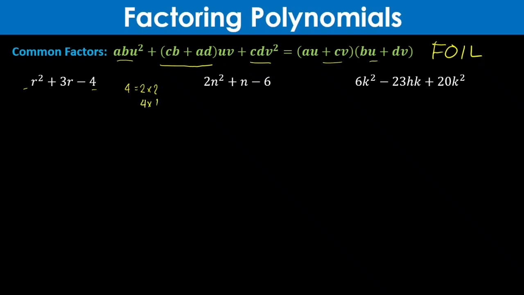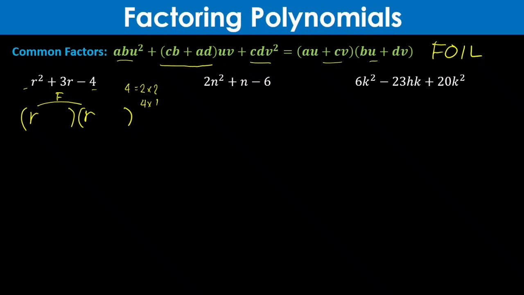We have to select carefully so that we will have the middle term 3r. So we'll do trial and error using the FOIL. The first terms should be r times r, because when you multiply that, that's the F of the FOIL, that's r squared, and then you go to this term.